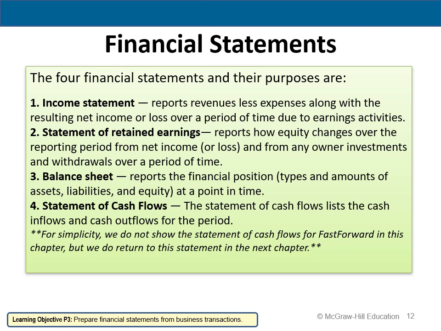Statement of retained earnings. It's a roll forward, so it starts with retained earnings at the beginning of the year. You're going to add net income or subtract net loss, subtract any dividends paid or owner withdrawals, and you'll get to ending retained earnings. All right. Balance sheet.